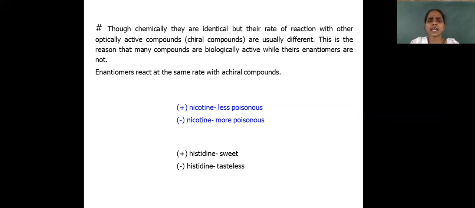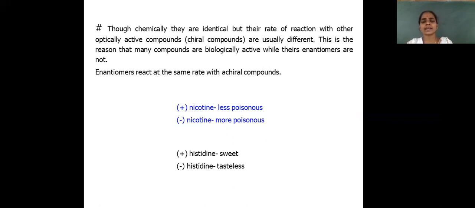Chemically the two enantiomers are identical but show a different rate of reaction. And one enantiomer is biologically active while the other is not.